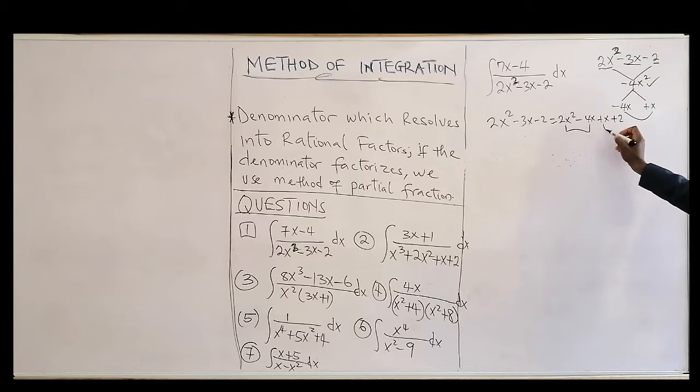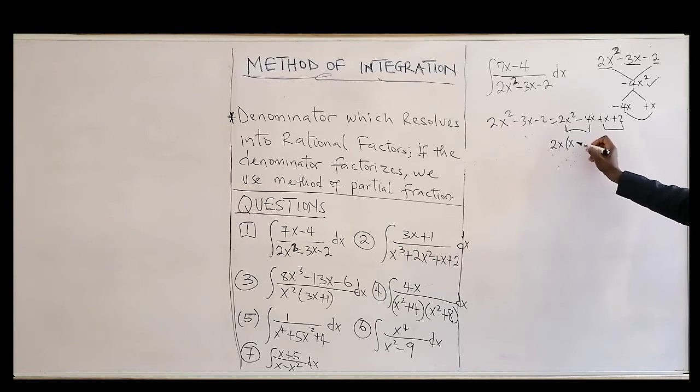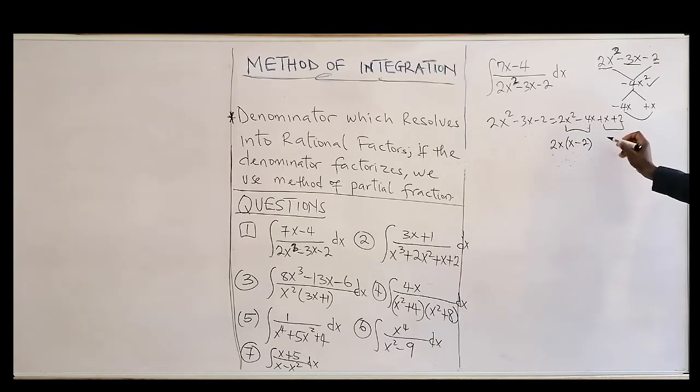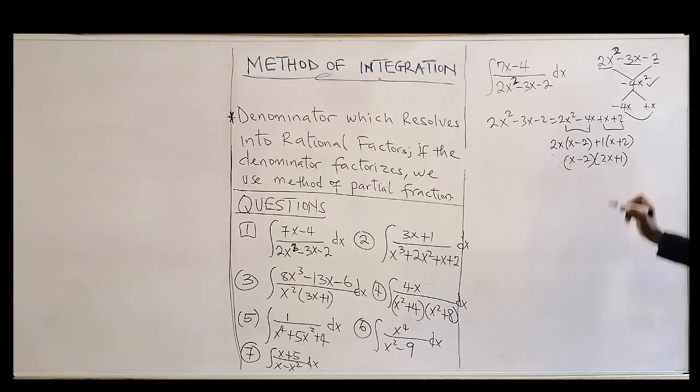Then do the pairing. Here, 2x is common. Take it out, and you have x minus 2. Here, 1 is common, then x minus 2. So we now have (x minus 2) into bracket (2x plus 1).